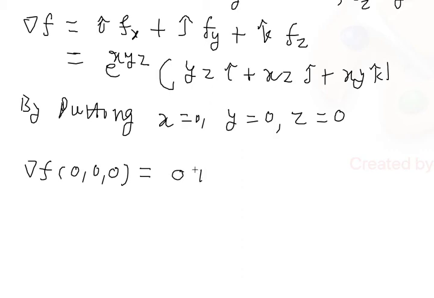That means this is 0 i plus 0 j plus 0 k.